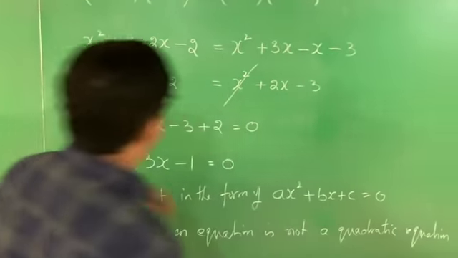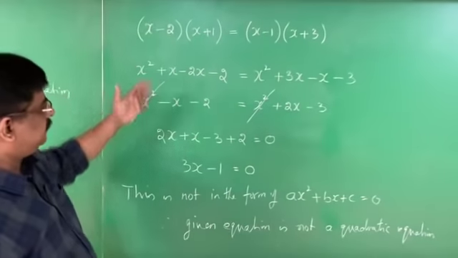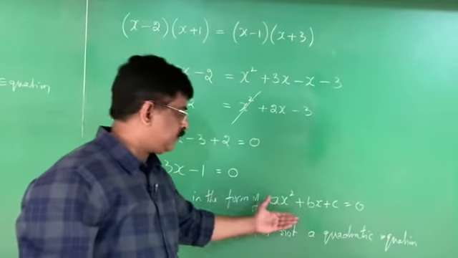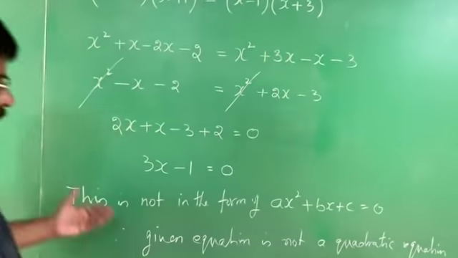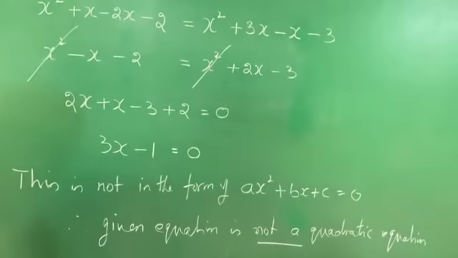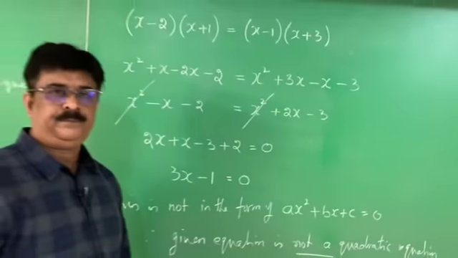Simple problem, binomial multiplication. After simplification, I got 3x - 1 = 0. This is not in the form of ax² + bx + c = 0. Therefore, it is not a quadratic equation. It is a linear equation.